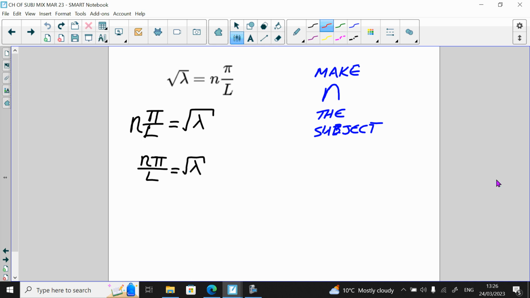But I like to get rid of the bottom part, which is L. I'm going to take it up and multiply root lambda. That's fine. And then finally, it's n I want to go into this one, so it's multiply with pi. So the pi is going to go downstairs, and that's that there.